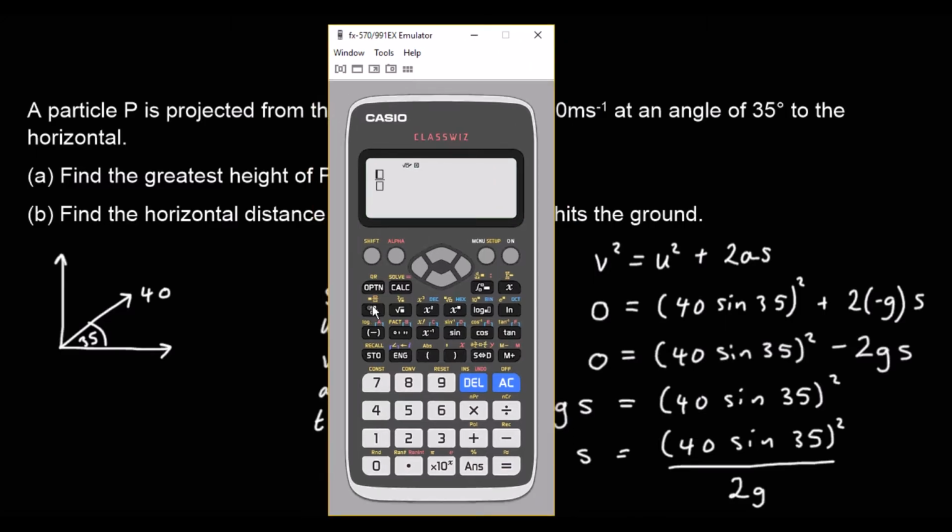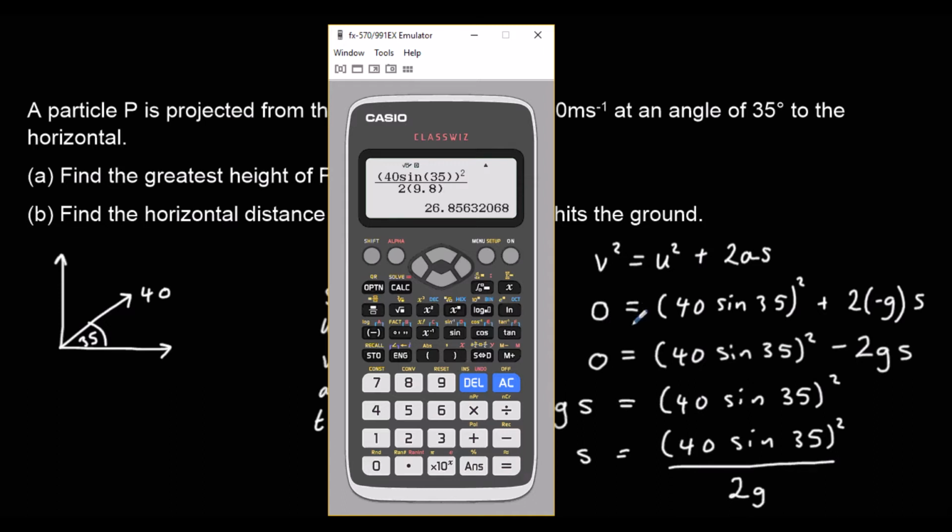So we've got 40 sine 35 squared over 2g, so 2 times 9.8.